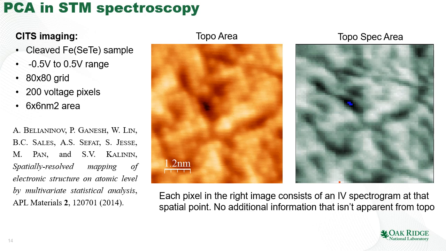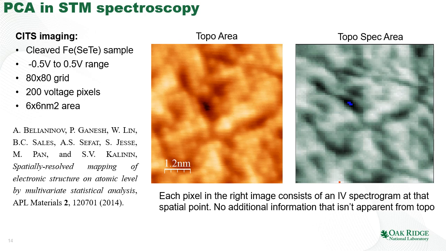Compare the orange image and this gray image. This is roughly the same image, except that the one on the left is obtained in the normal scanning mode and has higher resolution. The one on the right is obtained in the spectroscopic mode and has a lower resolution. Once we do the averaging, there is no new information compared to the normal STM.